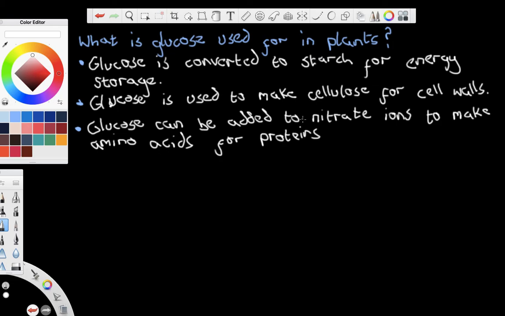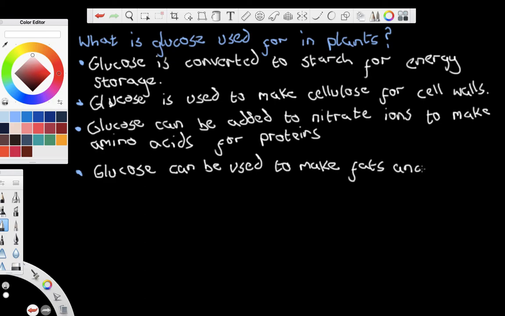We can say that they can be used to make fats and oils for storage. So, glucose can be used to make fats and oils for energy storage.